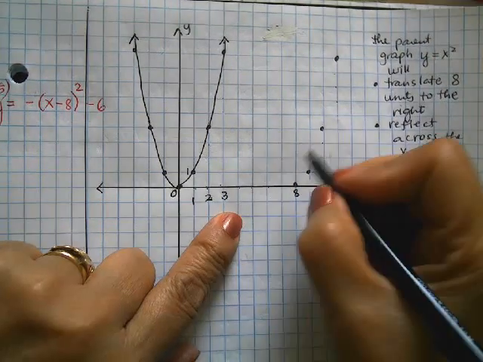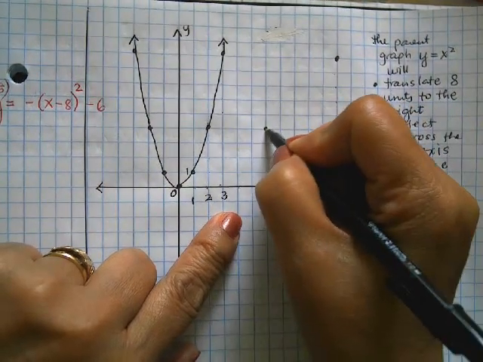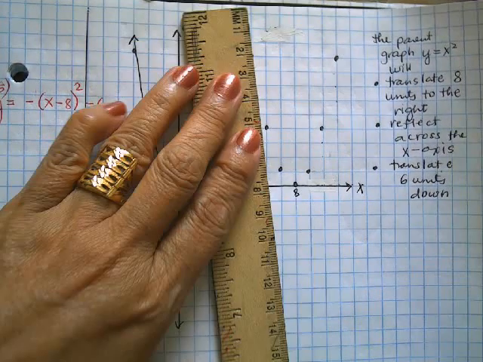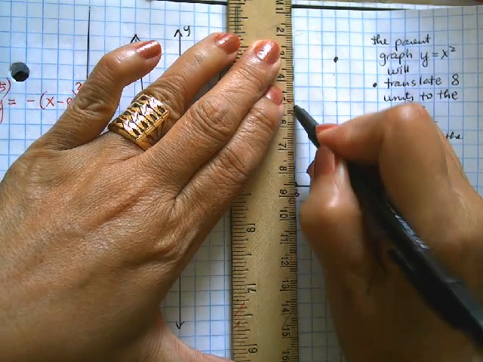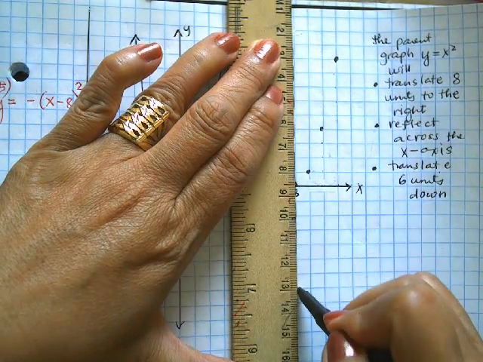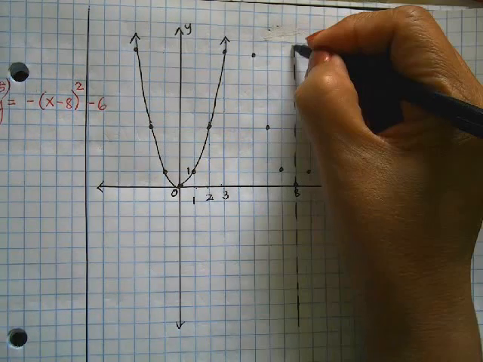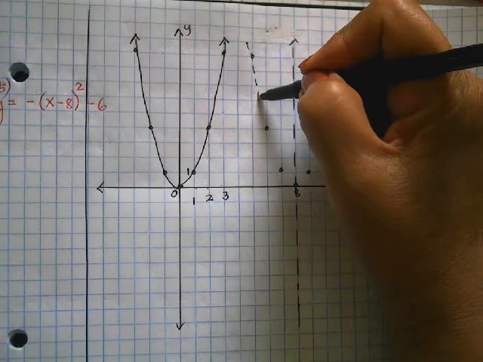Okay, and here on the other side too, you just have to do symmetry. Okay, so this is now my line of symmetry, the middle line of your parabola. Okay, so this is now your first transformation.